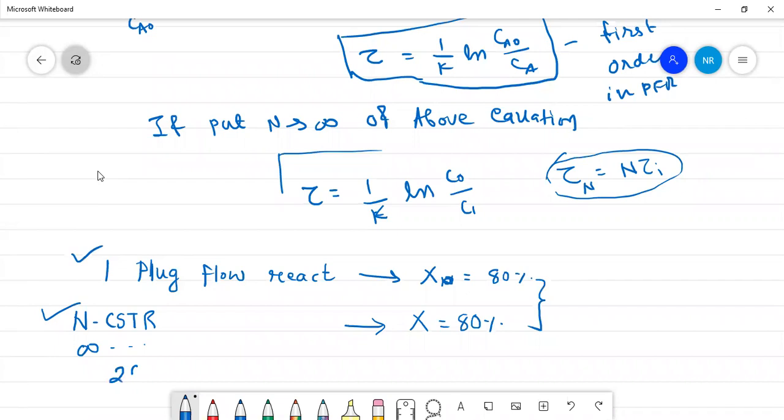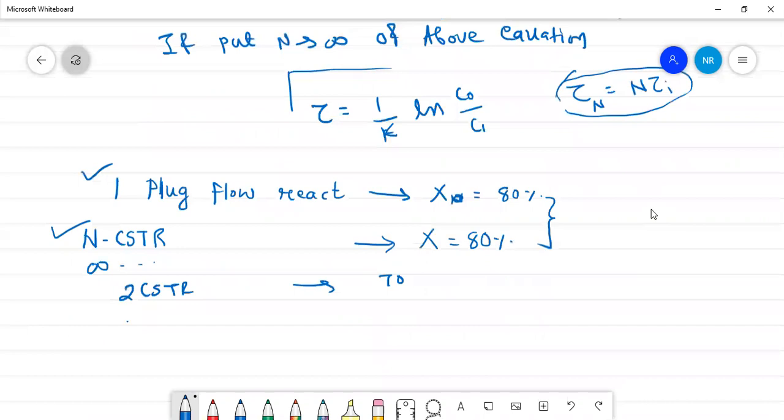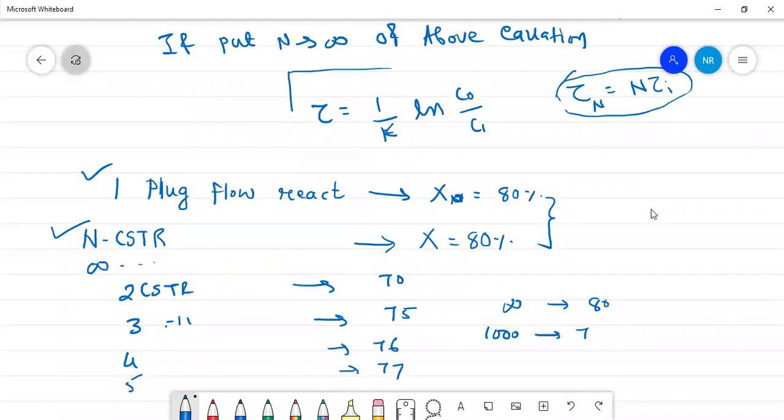If I take 2 CSTR, maybe I am getting 70%. With 3 CSTR, the conversion will be 75%. With 4 CSTR, 76%. With 5 CSTR, 77%. If I take 1000 CSTR, maybe I am getting 79.97 or something. But the exact answer, 80, I get whenever I put infinity number of CSTR.